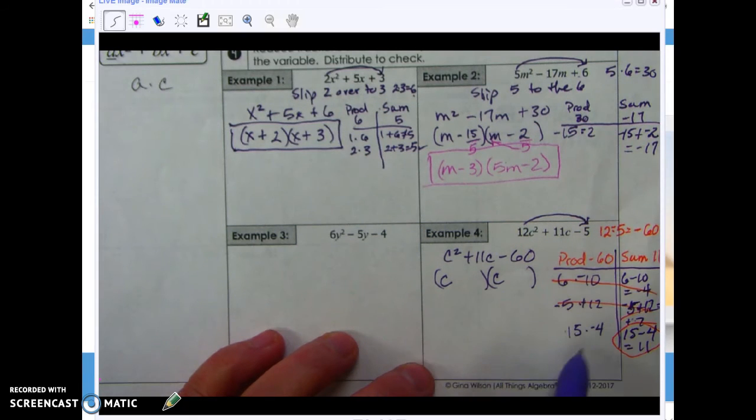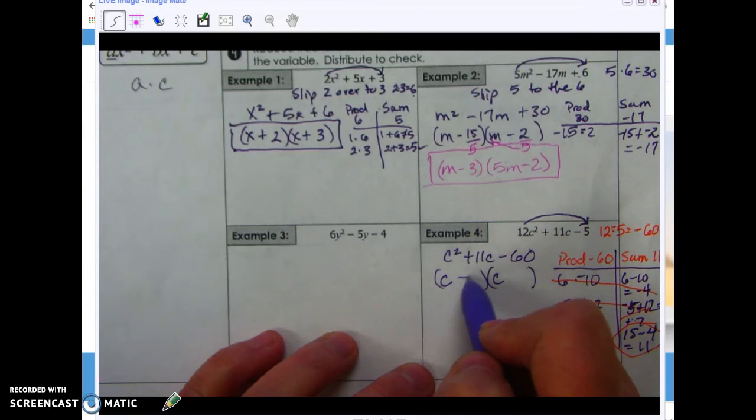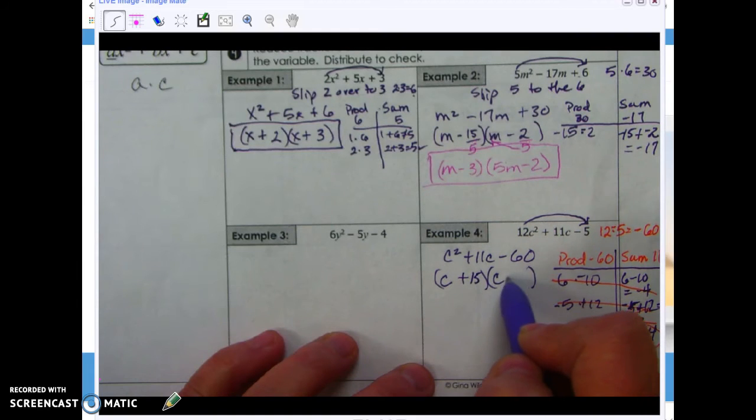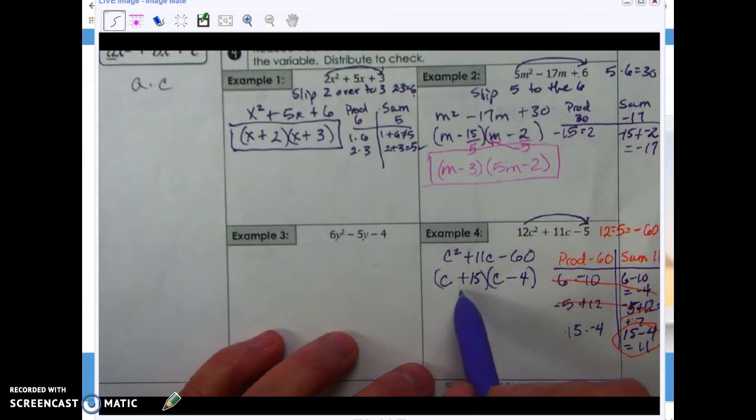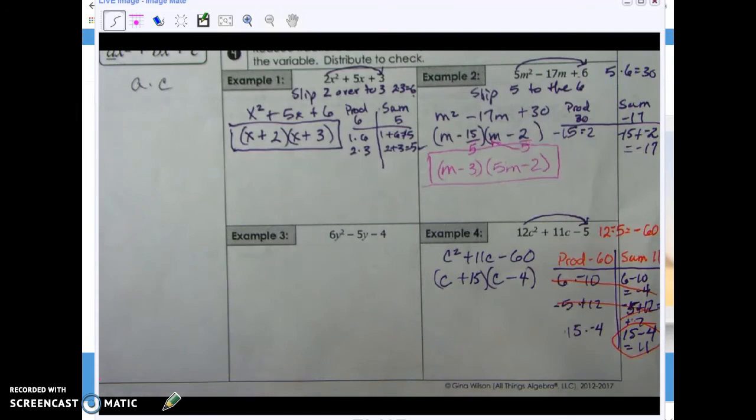So, just as I see it here, plus 15 minus 4. Now it doesn't matter whether I put the plus 15 on this side and the negative 4 over here. That part doesn't matter. But it does matter that I put plus 15 and a negative 4, that I didn't reverse the signs.